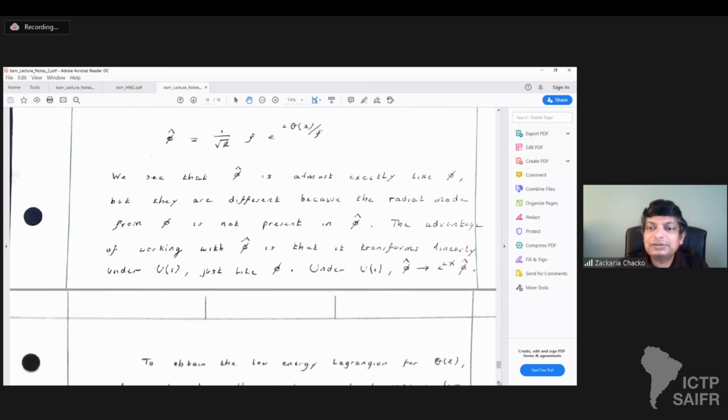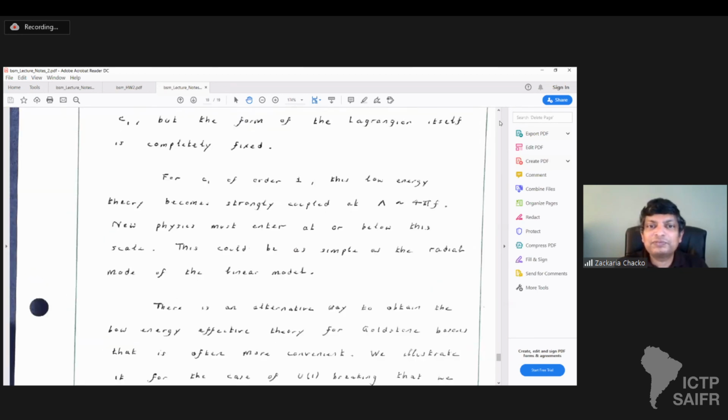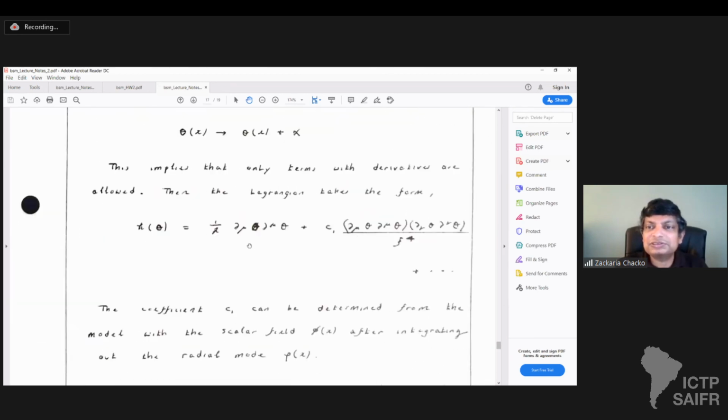Here's what you're going to find. When you expand it out, you get exactly those terms that I wrote earlier. Every term that you could write based on theta, you can also write out in terms of phi hat.